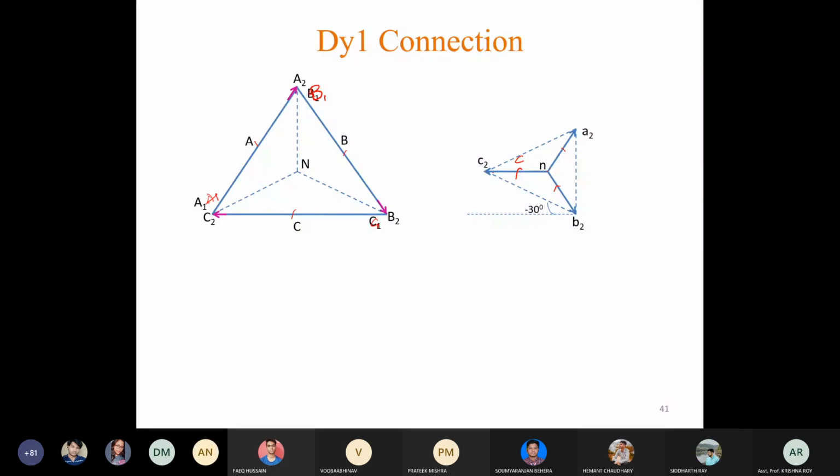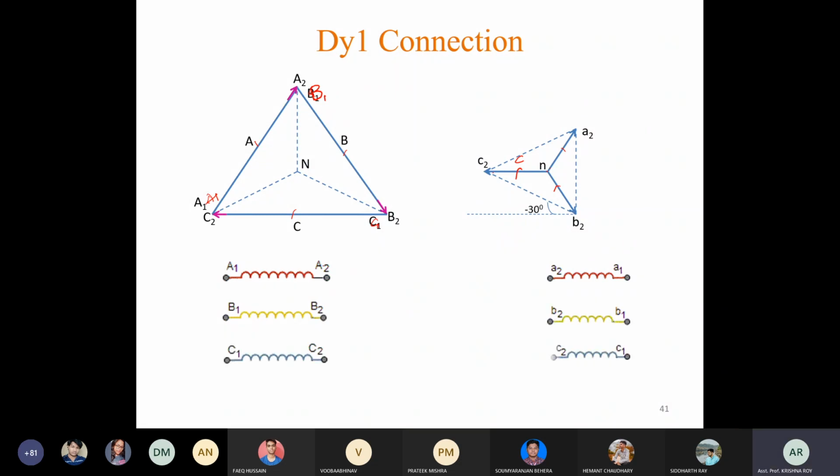Yes, sir. Now draw the connection diagram. Very simple. A2 B1 connected, B2 C1 connected, C2 A1, and the input terminals are A2 B2 C2.